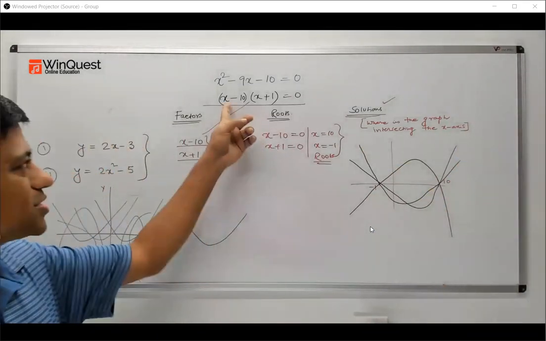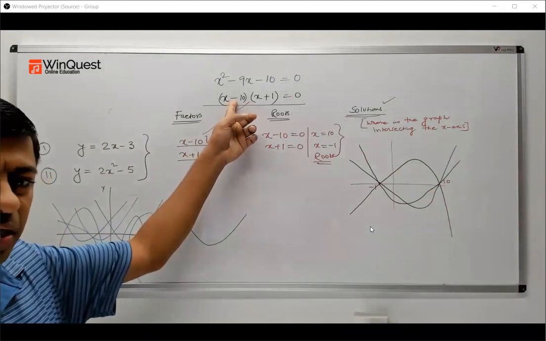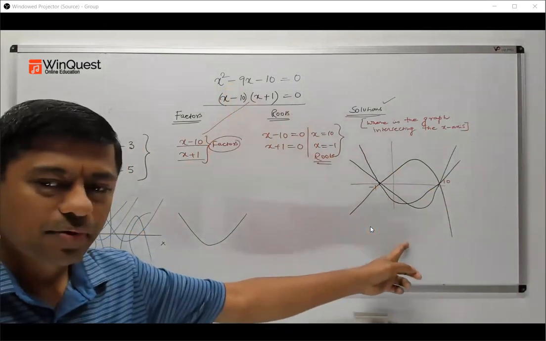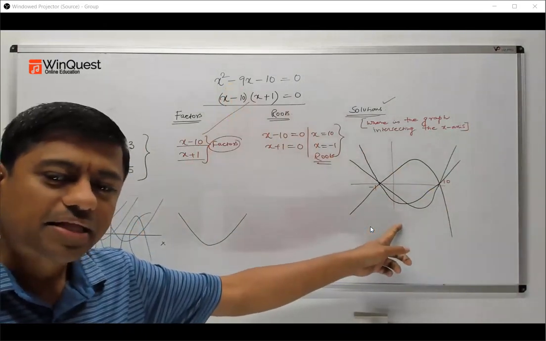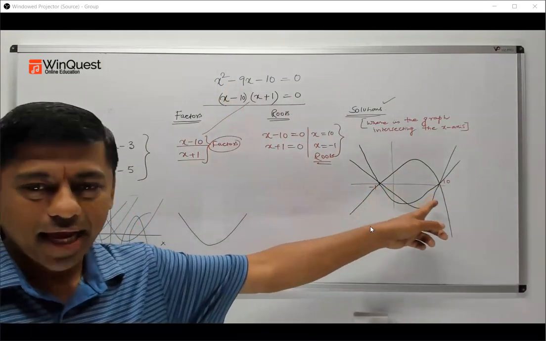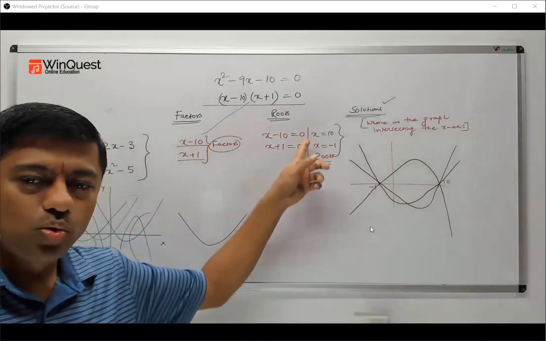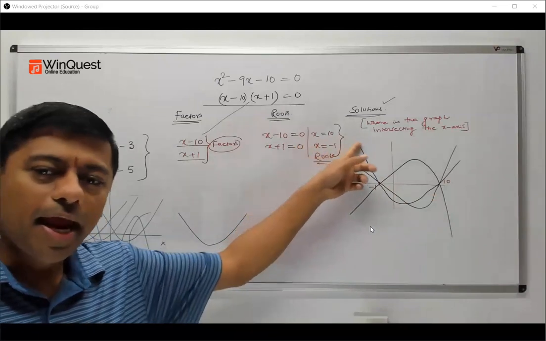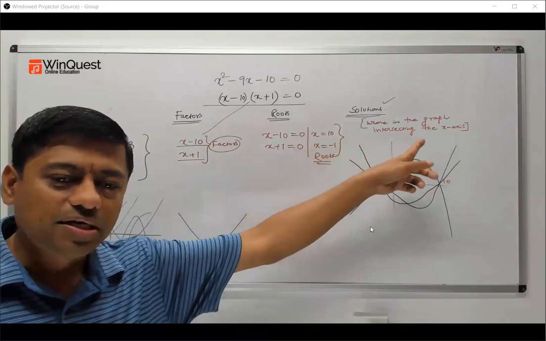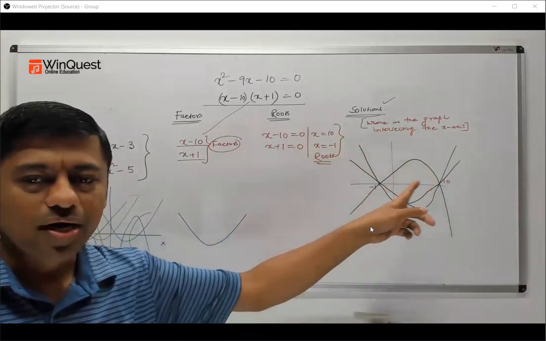But if you draw this particular quadratic equation, it will take this parabola shape, which will intersect the x-axis definitely at -1 and 10, because you found the roots like this. And solution says, where is the graph intersecting the x-axis? It is -1 and 10.